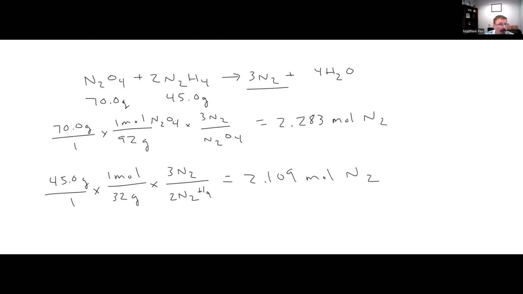So the one that produces the least amount of product is our limiting reactant.